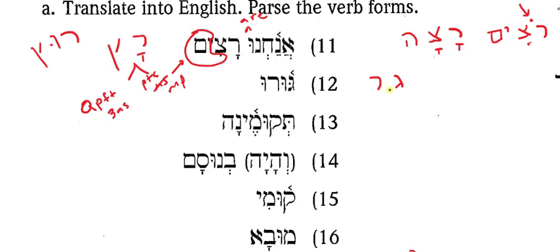What's the lexical form? Gur. And what does gur mean? To sojourn. That's right. To sojourn. How many of you remember that Joseph sojourned in Egypt, and wait a minute.